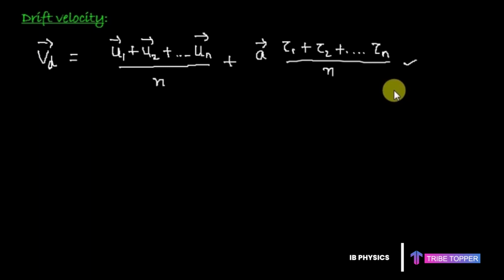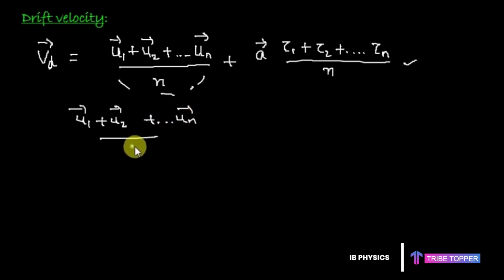And because of the random initial velocities of all of them, this average would turn out to be 0 every time. Therefore, considering (u1 plus u2 plus so on up to un) upon n as 0, we would get the drift velocity to be equal to a times tau.